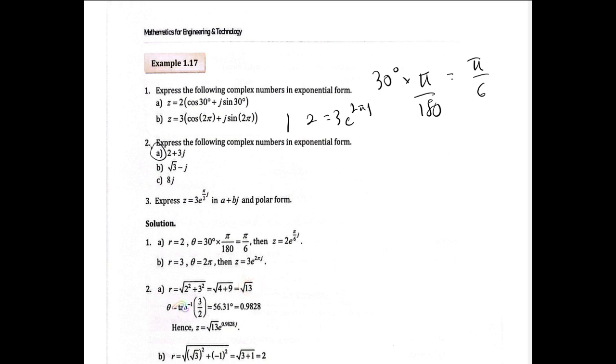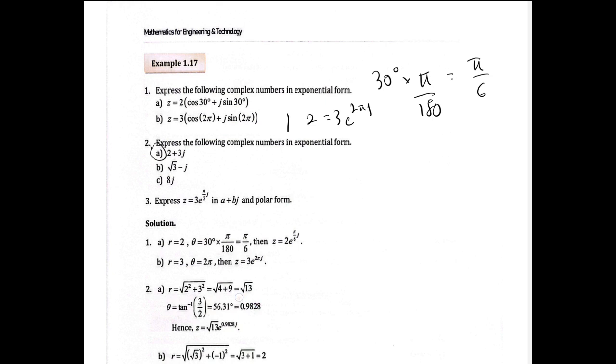And then we have the theta of 56.31 degrees, so this is obviously the first quadrant. But we don't want this for the case of exponential form.